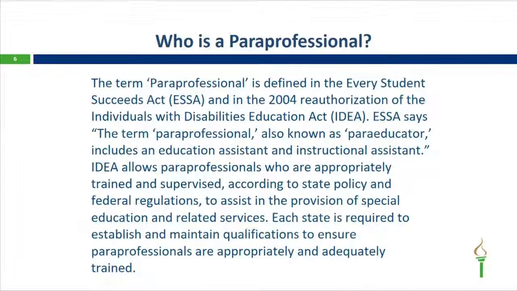IDEA allows paraprofessionals who are appropriately trained and supervised according to state policy and federal regulations to assist in the provision of special education and related services. Each state is required to establish and maintain qualifications to assure paraprofessionals are appropriately and adequately trained.